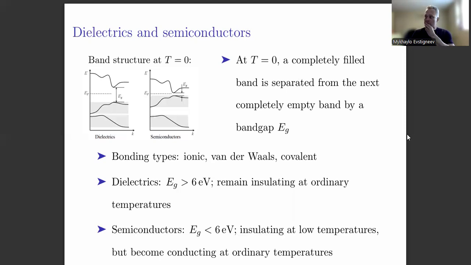But also solid ice, and CO2, carbon dioxide, crystallizes due to van der Waals forces. What else is there? Iodine also forms van der Waals crystals.